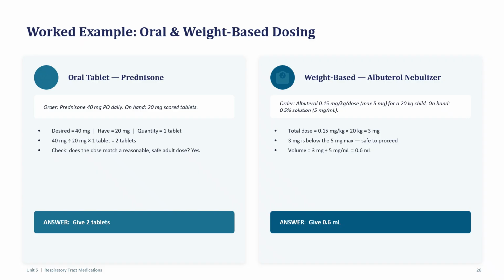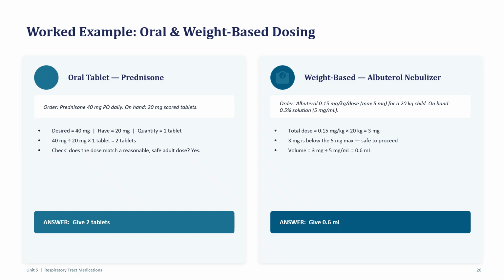The first step is the total dose. 0.15 times 20 gives you 3 milligrams. The second step, and don't skip this one: is 3 milligrams under the stated 5 milligram max?